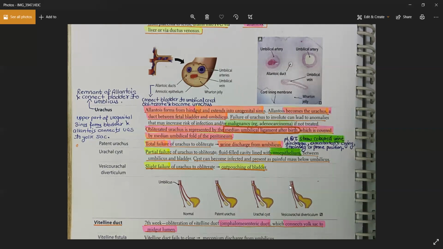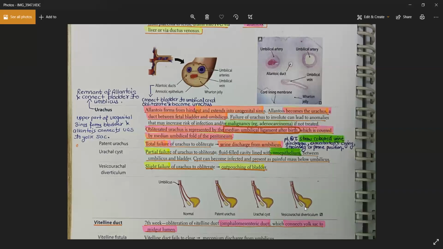Third is the vesico-urachal diverticulum. Again, it is a partial closure or partial obliteration of the urachus. The urachus is closed at the umbilicus site, but it is not closed at the urinary bladder site, and as a result, you will have a diverticulum here, right? It is the same as having a Meckel diverticulum. Remember? Yes, exactly. And this is a true diverticulum.